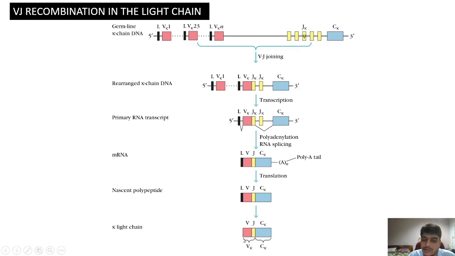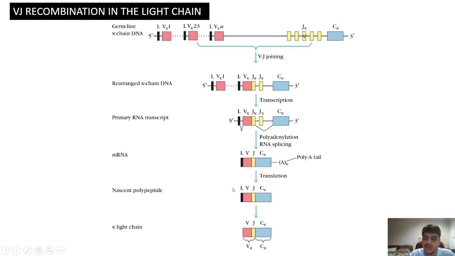So now this peptide sequence is produced combining the V, that is the variable segment, the joining segment and the constant segment. V and J together give rise to the variable region of the light chain. This is a kappa light chain, and C gives rise to the constant region of the kappa light chain.